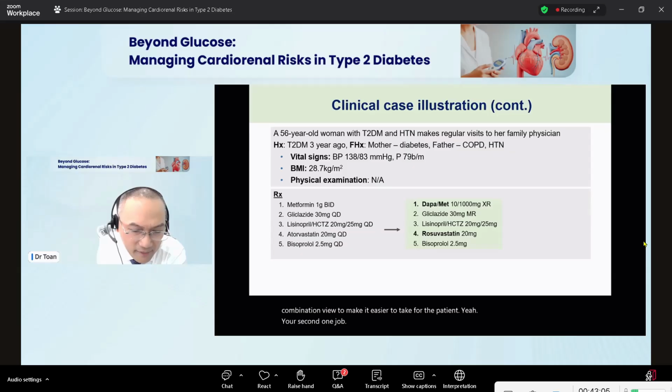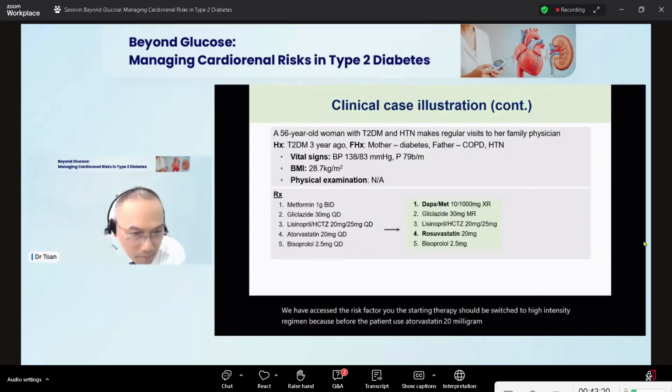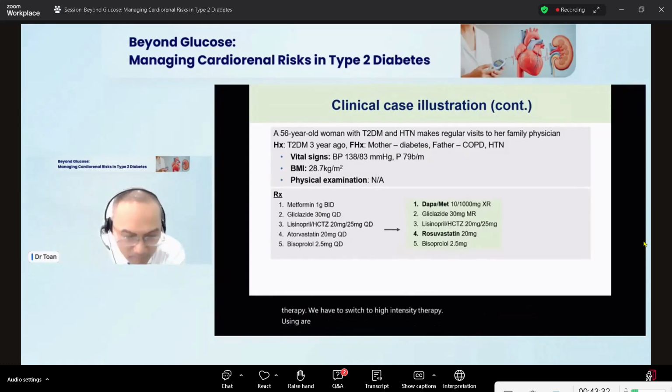The second one, we address the risk factors. The statin therapy should be switched to a high-intensity regimen, because before the patient used atorvastatin 20 milligrams, which is a moderate-intensity therapy. We have to switch to high-intensity therapy using rosuvastatin 20 milligrams.